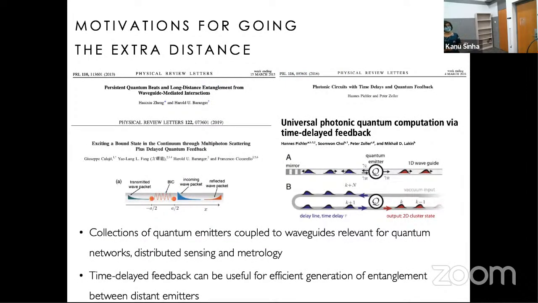So, for example, it's been shown that one can generate photonic cluster states in the presence of time-delayed feedback, or generate bound states in the continuum between atoms and photons distributed over very long distances.